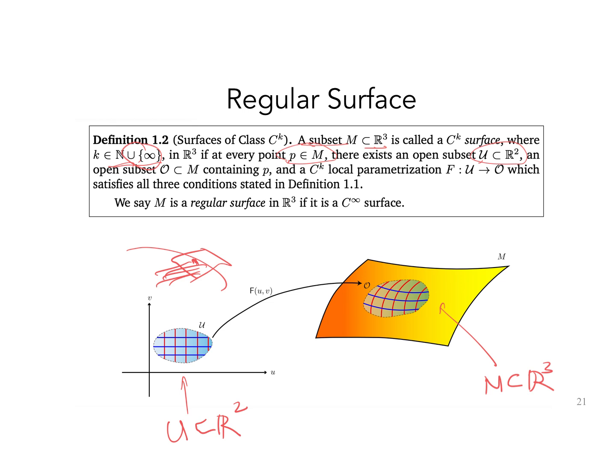Now, for every point in here, if I can define local parameterizations, a mapping from here to here and vice versa, because it has to be bijective, and not just is the mapping between this flat surface and this curved surface 1 to 1, but the derivative is also 1 to 1, then we would call it a regular surface if it's a C-infinity surface, basically a smooth surface. Okay, does that make sense?